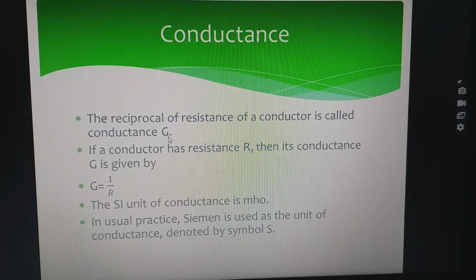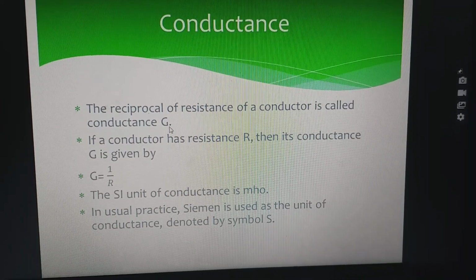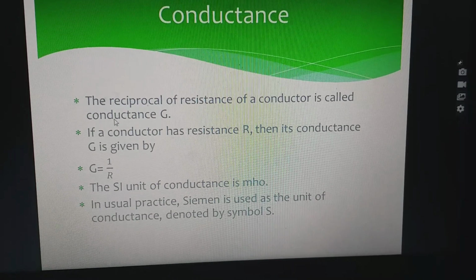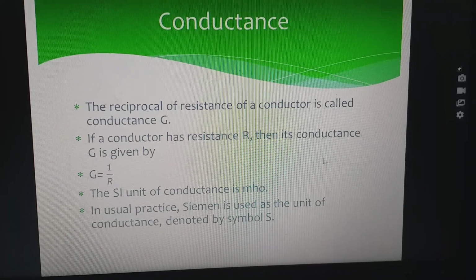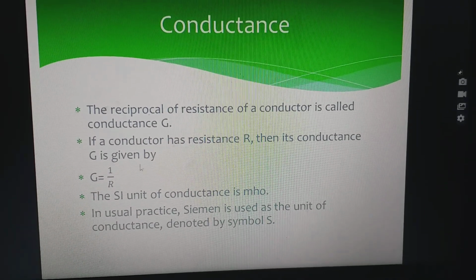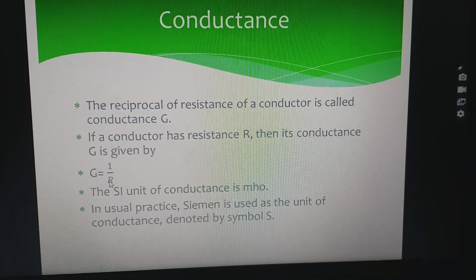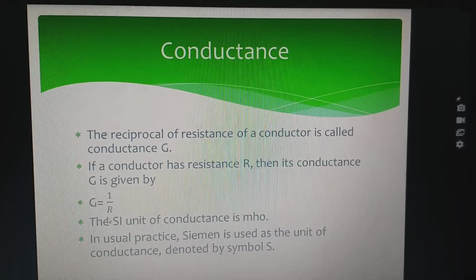It is symbolically represented by capital G. So, resistance and conductance. If a conductor has resistance R, then its conductance capital G is given by G is equal to 1 over R, because these two are reciprocal of each other.